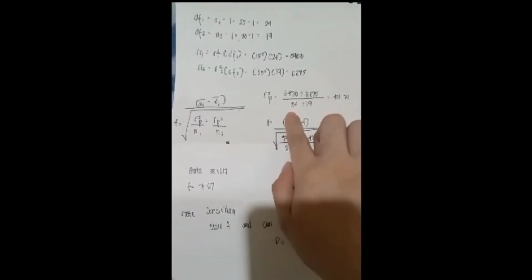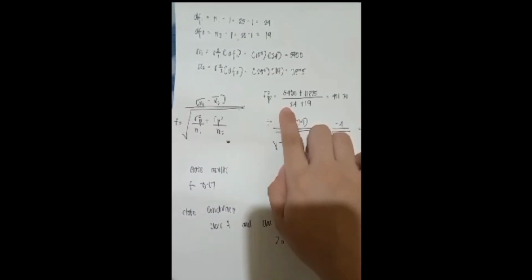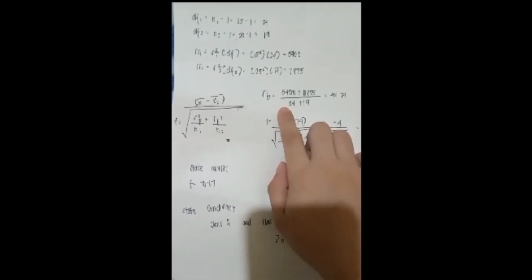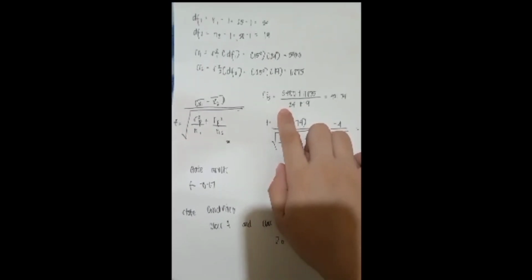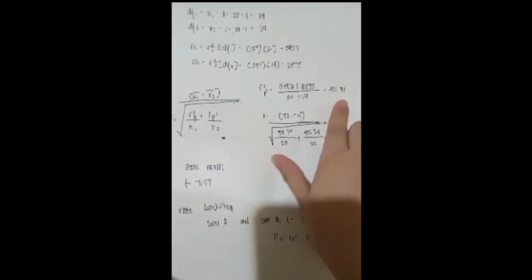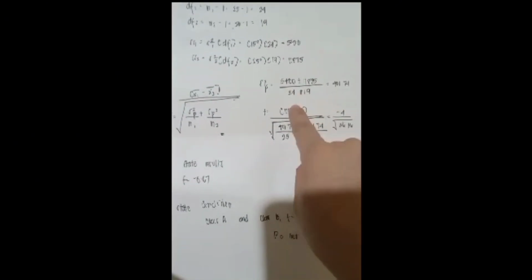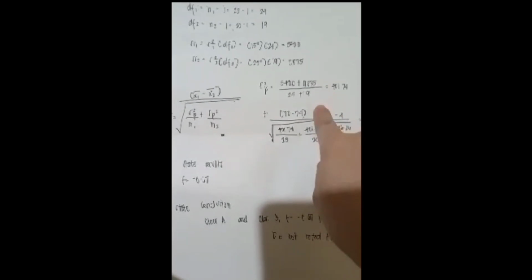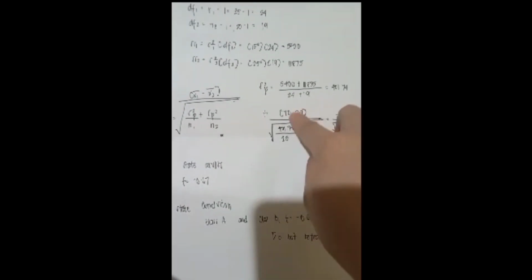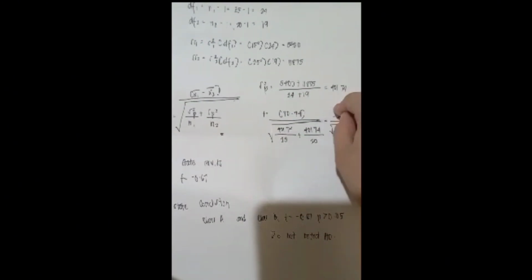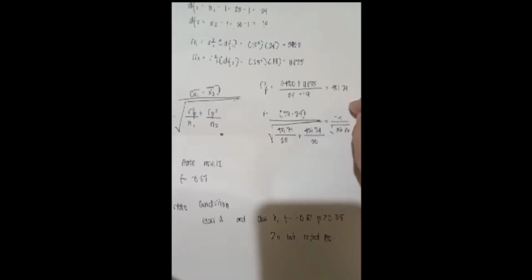For the t-test, we proceed to find the pooled variance. The pooled variance in this case is 5,400 plus 11,875 over 24 plus 19, which is equal to 401.74.